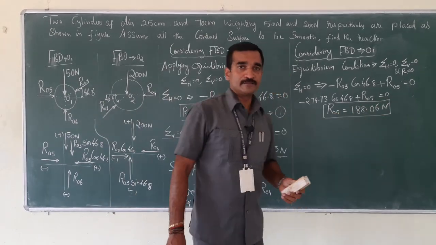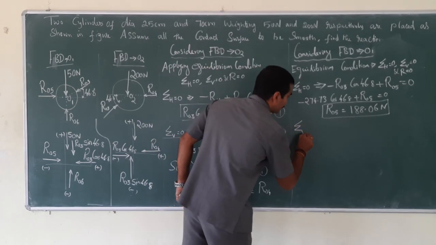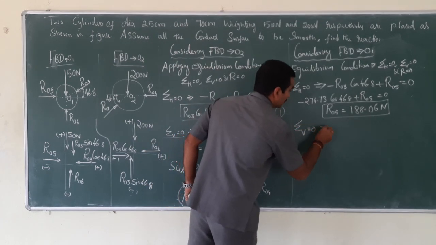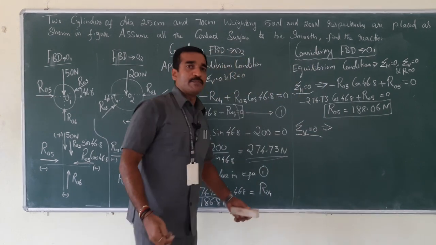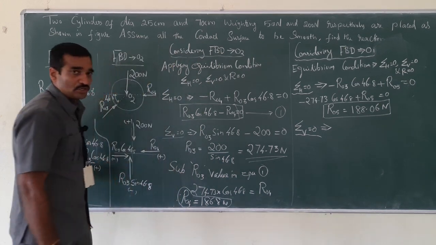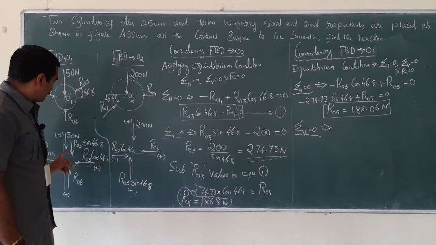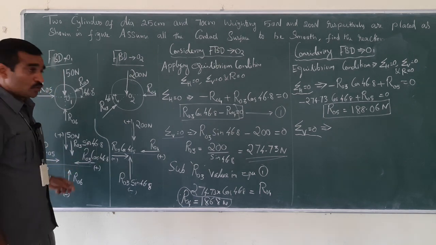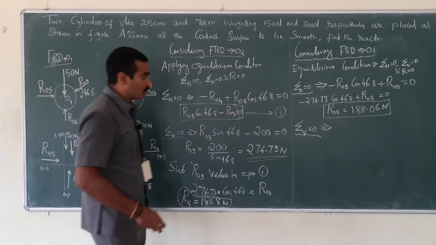If you feed this value in your calculator, you will get the value of RO5 in Newton, right? So now I am going to resolve all the vertical forces. That is summation V equal to 0. Let me look at the resolution force diagram. As far as the first quadrant is concerned, there is a force acting vertically downwards of magnitude minus 50.